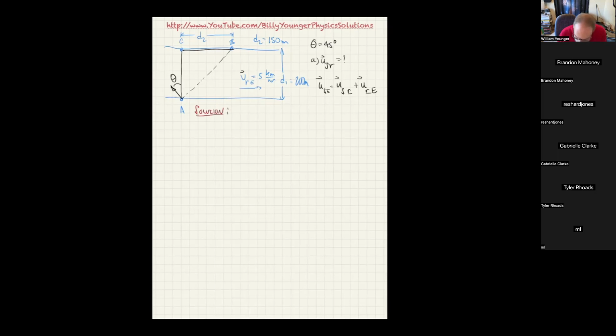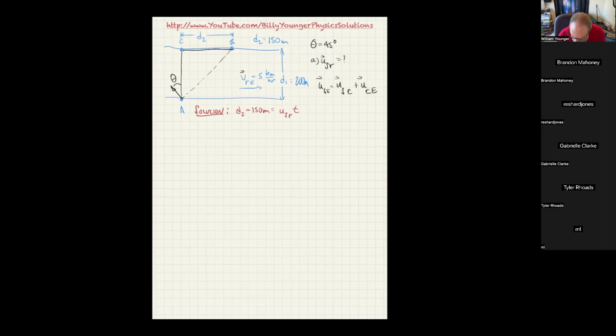So what we're saying is D2, which equals 150 meters, that's got to be the velocity of the swimmer relative to the river times the time taken.